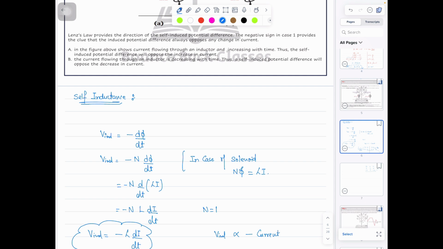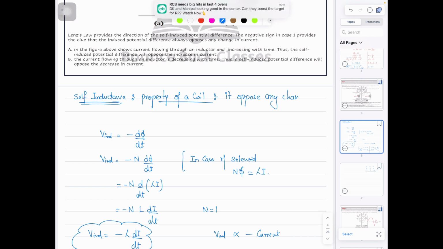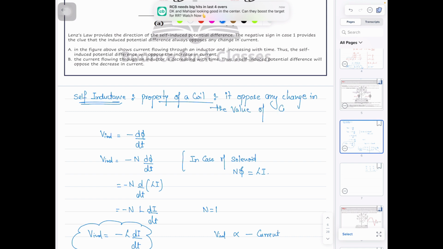Now we need to understand what is self-inductance. See, self-inductance is a property of a coil due to which it opposes any change in the value of current. It opposes any change in the value of current.